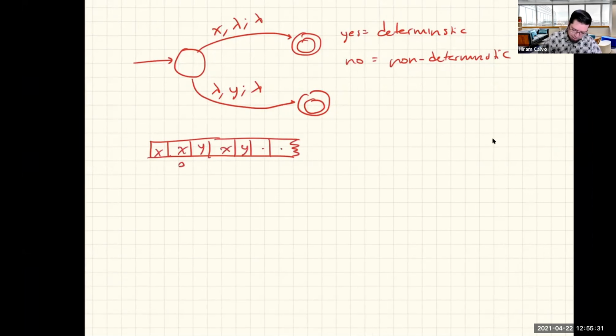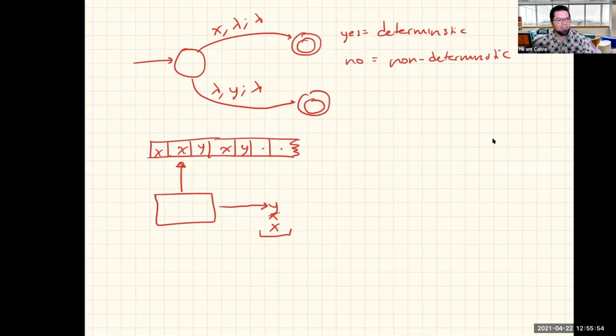And you are reading this, and of course there's the machine here, and you have the stack here, X, X, Y. And you are reading the top of the stack, which would be this Y. Yes? So now you can see both conditions comply.